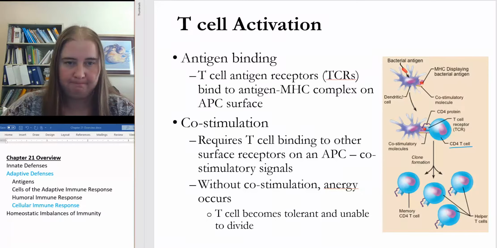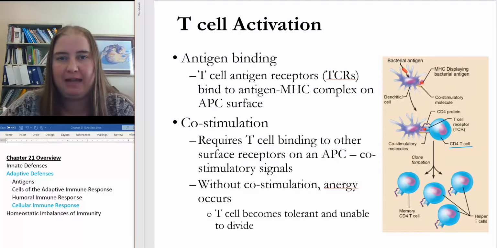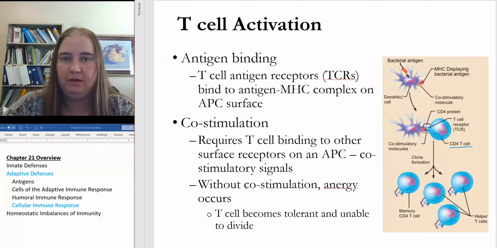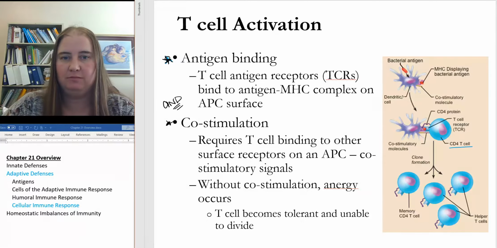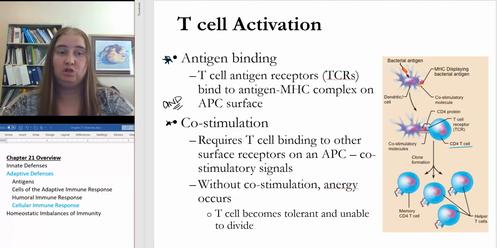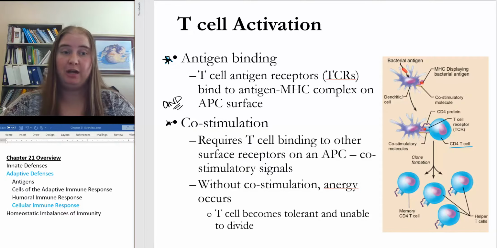Now, again, you need both of these things. You have to have antigen binding and co-stimulation in order for this CD4 cell to become activated, to proliferate and differentiate and create T helper cells, which are our effector cell, and memory CD4 cells.